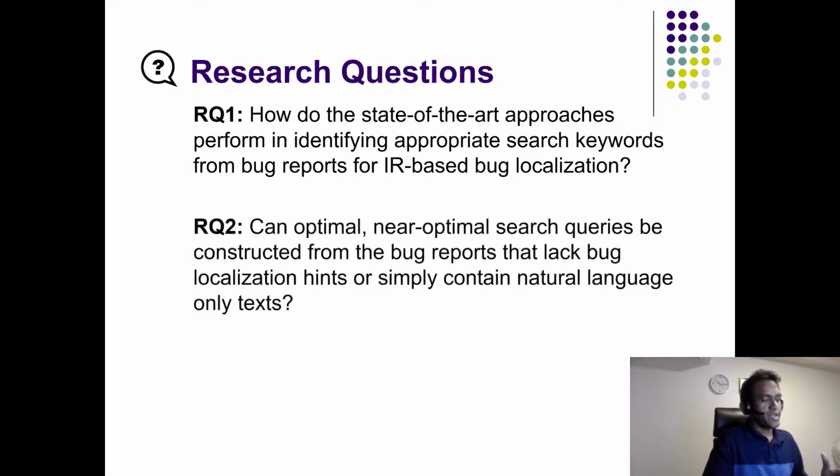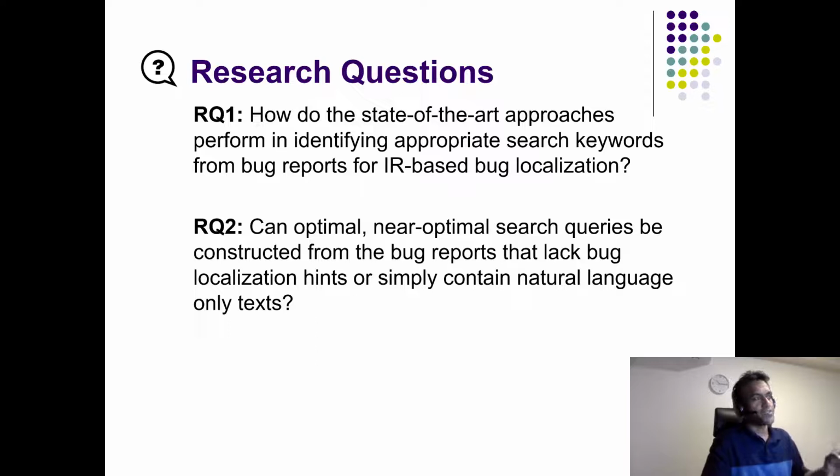And then in the second research question, we investigate whether those bug reports actually contain some optimal search queries or not, right? The state of the art technique from the first research question might fail to identify appropriate queries.